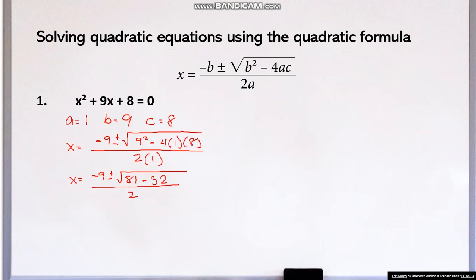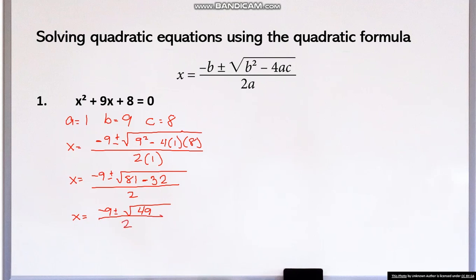Next, we still need to simplify the numbers inside the radical sign. x equals negative 9 plus or minus the square root of 81 minus 32, which will give you 49, all over 2.